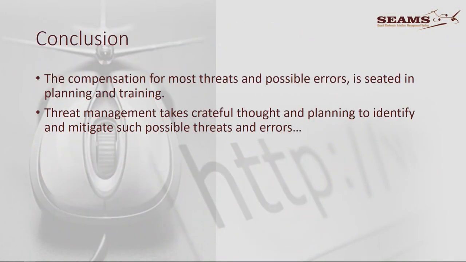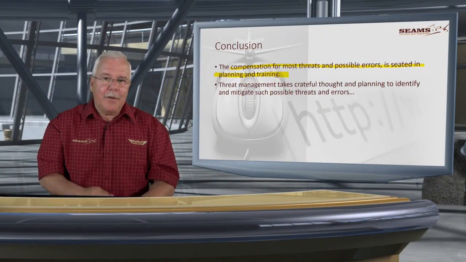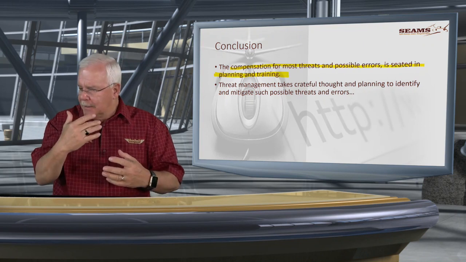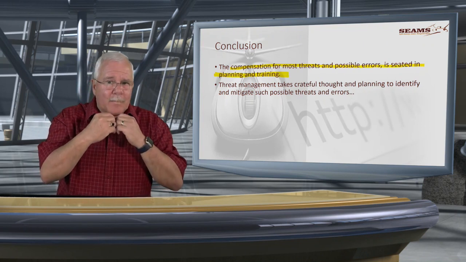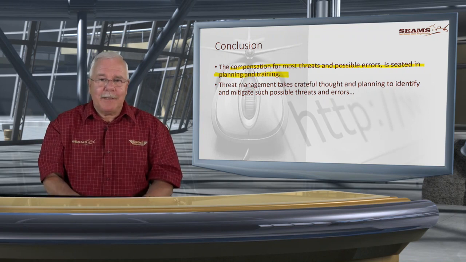All right. Conclusion. The compensation for most threats and possible errors is seated in planning and training. A threat will always be there. The weather, the mountains, the wires, and whatever else is in your area, those threats will always be there.